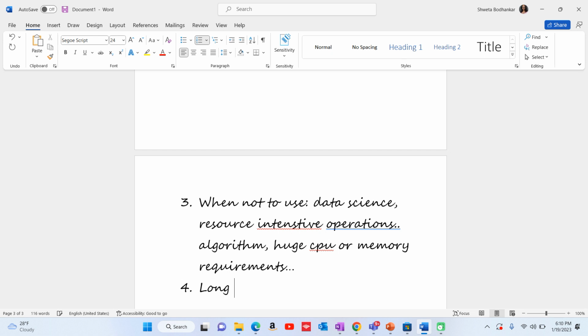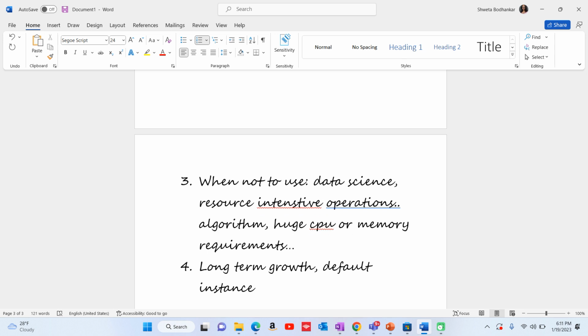In cases of long term growth also, auto scaling may not be of much help. Let's say you started a small organization like a startup with 100 employees, and now you have grown to 10,000 employees. If every day you depend only on auto scaling, because auto scaling comes with some overhead, and you don't set the default instance count correctly, then by the time the scaling is happening, some users must have got a not so nice experience like a timeout.